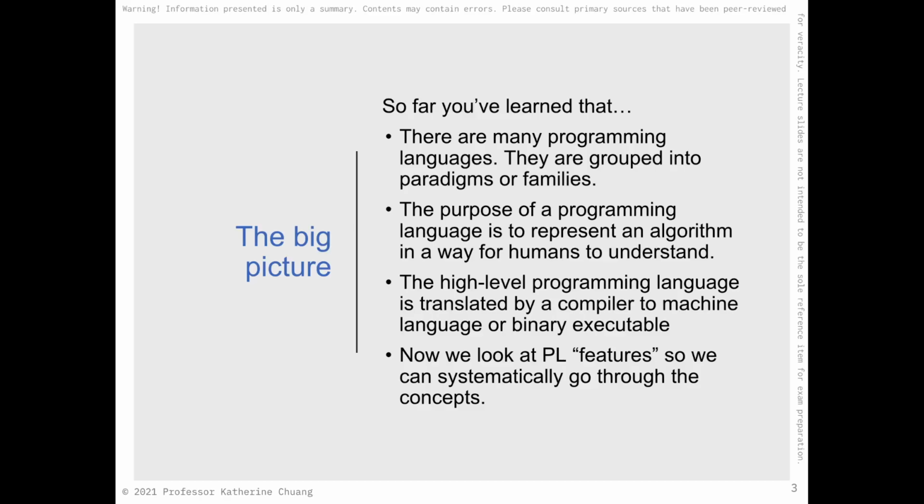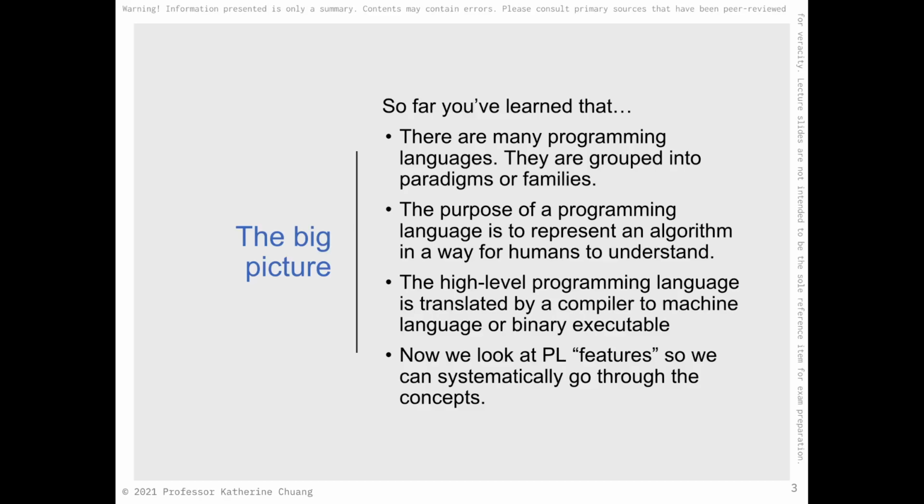There's different levels of languages. There's the machine level, the low level, and then there's the high level, which is meant to be easier for a human to comprehend and work with. And now, for the rest of the semester, we're going to focus a little bit more on the high-level programming languages.